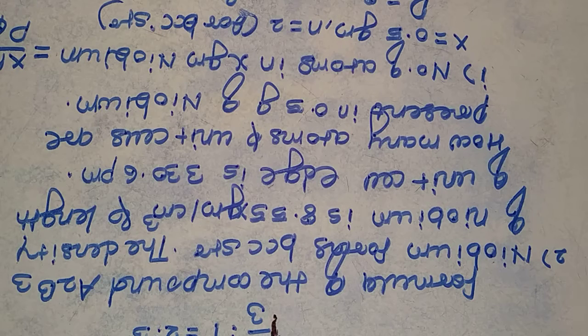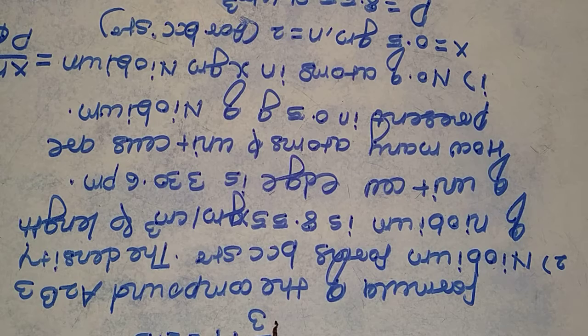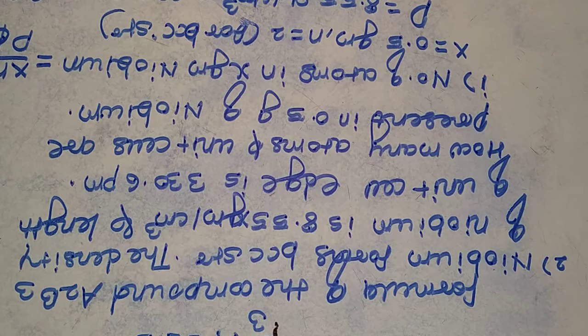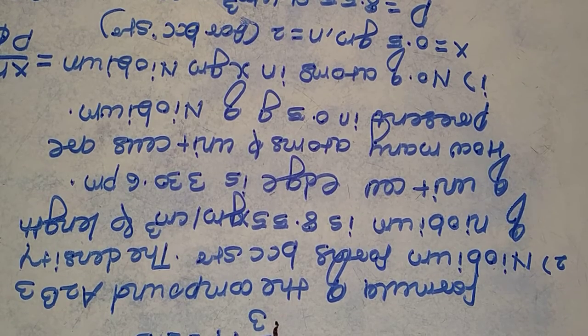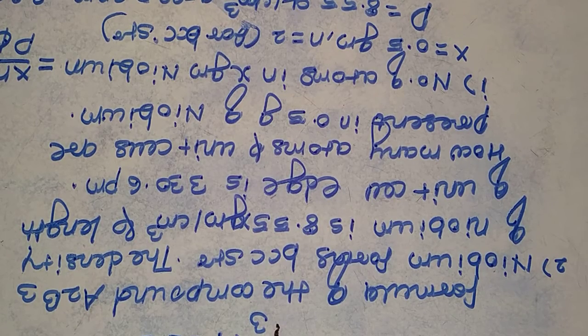The density of niobium is 8.55 gram per centimeter cube, and the edge length of the unit cell is 330.6 picometer. How many atoms and unit cells are present in 0.5 gram of niobium? You have been given the density and the edge length. You have also been given the mass of niobium: 0.5 gram.